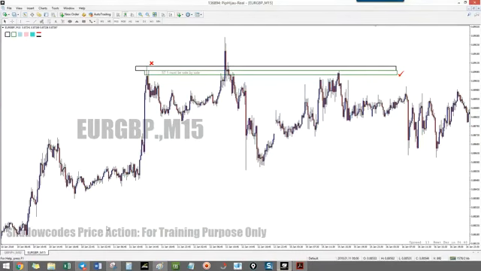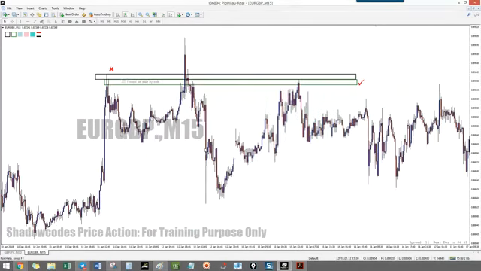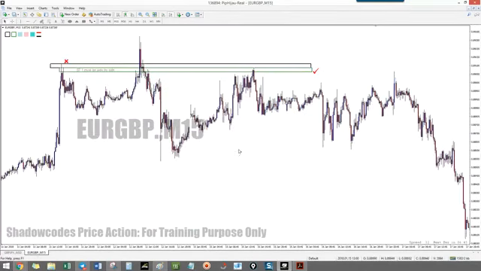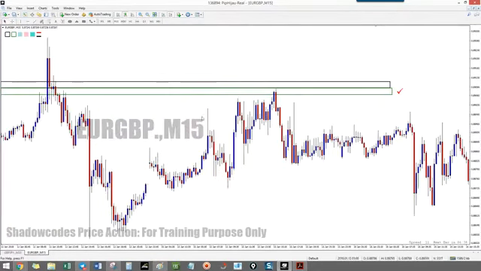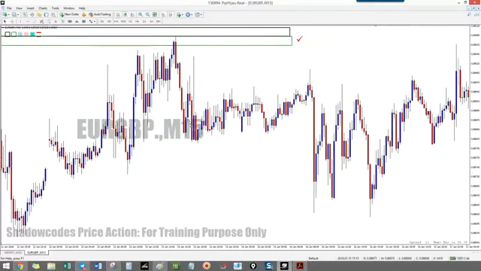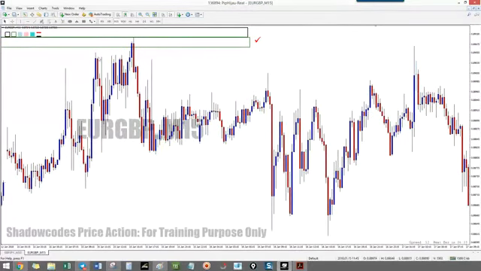Let's see the inverted ST. For example, this one. Can you see? This is the inverted one, and then you just pull.